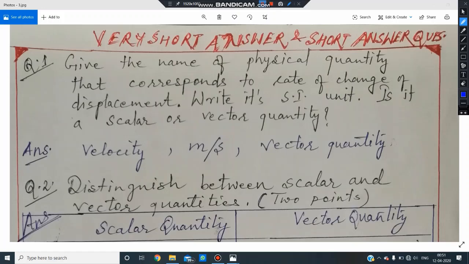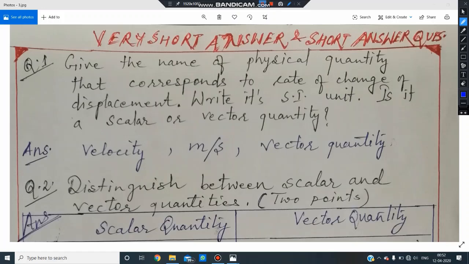I'm reading the question here. Kindly pay attention. Give the name of the physical quantity that corresponds to rate of change of displacement. First part of the question. The next part asks you to write its SI unit, and the last part asks, is it a scalar or vector quantity?